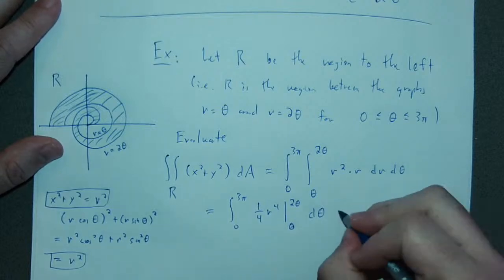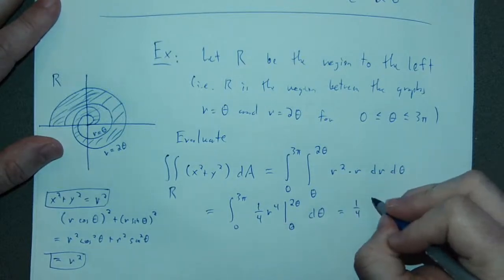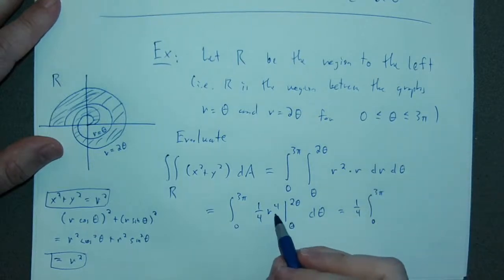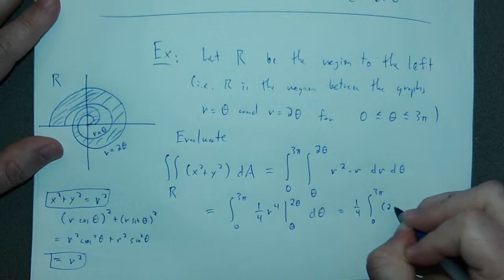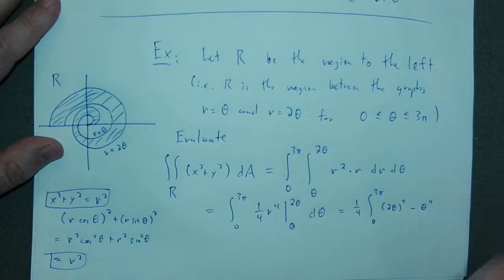Okay, so I need to do that evaluation. So I'm going to go ahead and bring the 1/4 out. So this is 1/4 times the integral from 0 to 3 pi of, what is this? This is 2 theta to the 4th minus theta to the 4th.